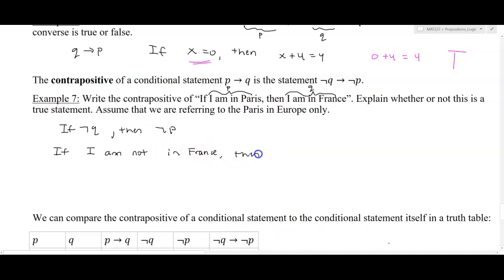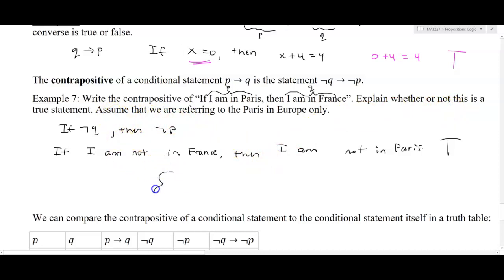Then not P. Well, P is I am in Paris, so not P would be I am not in Paris. Well, and that's a true statement. In fact, the contrapositive of an if-then statement will always be true, as we'll soon learn.